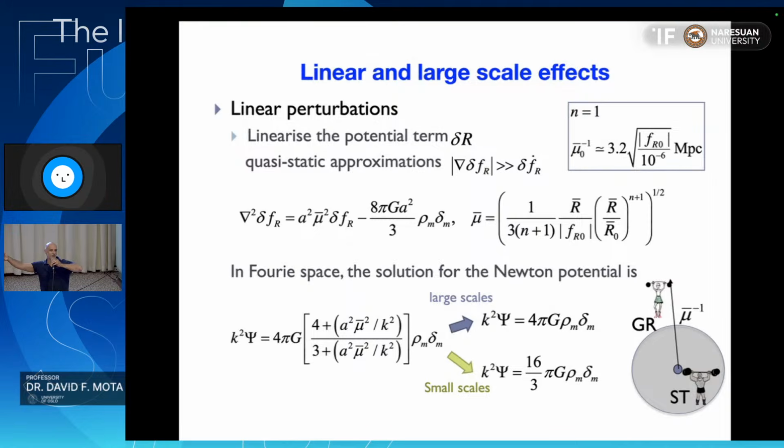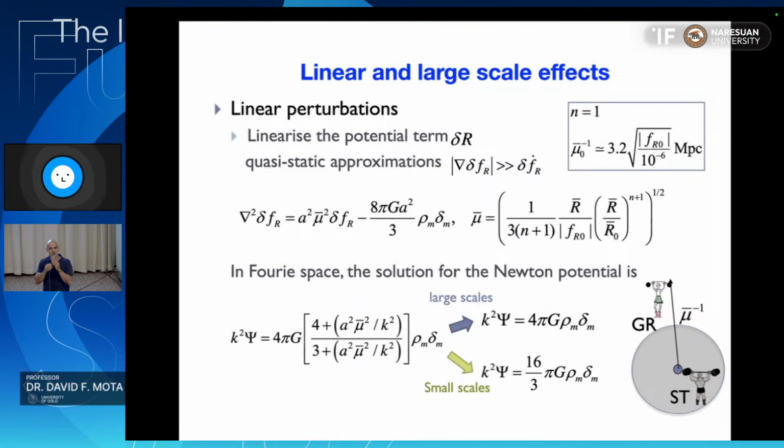If the fifth force range is about 3 megaparsec, if you choose this kind of model, 10 to the minus 6, then this scale is going to be around 3 megaparsec or 10 megaparsec, on the megaparsec scale. If you go for a 10 to the minus 5, 10 to the minus 4 value there, then the range becomes larger. You can go to dozens of megaparsec, hundreds of megaparsec. So the range where the fifth force becomes active is the range of the fifth force.